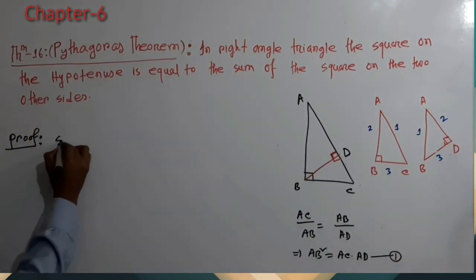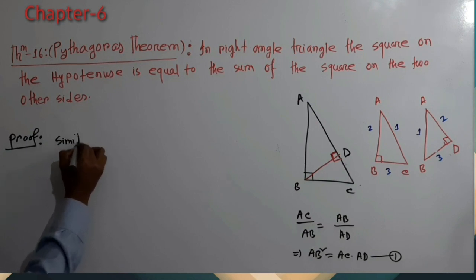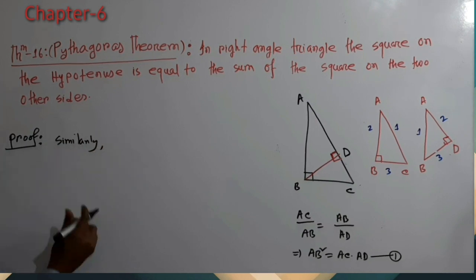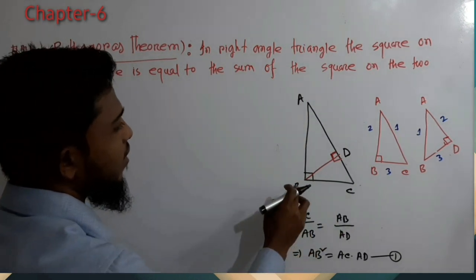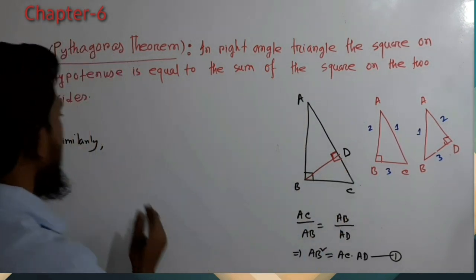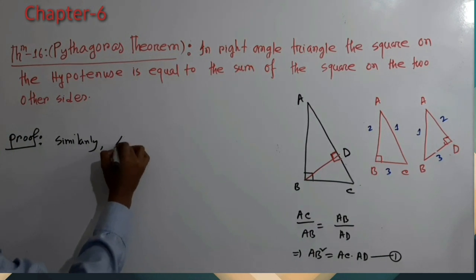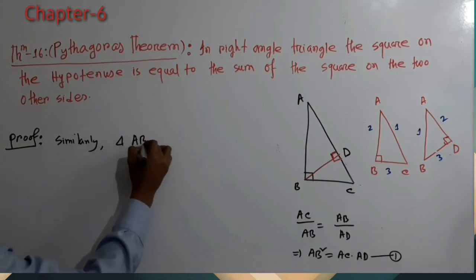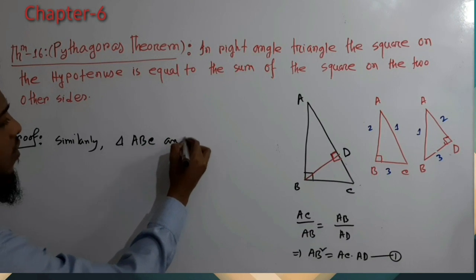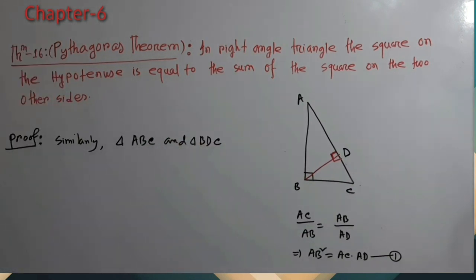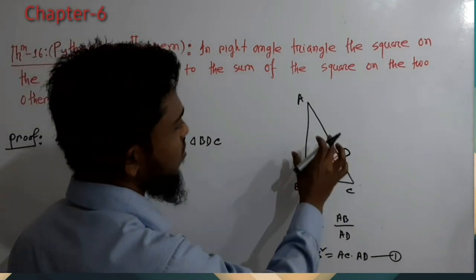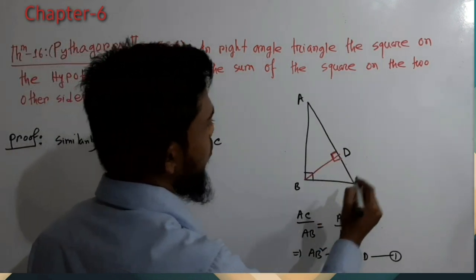Similarly, if we consider triangle ABC and triangle BDC, now I will draw this figure into two parts.